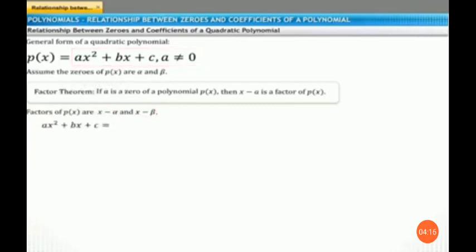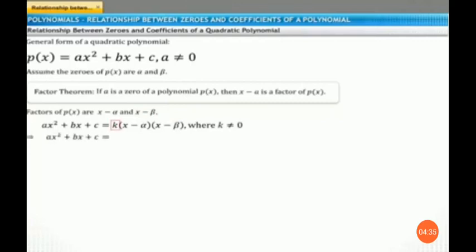And our p of x is ax square plus bx plus c. So we can say that ax square plus bx plus c is equal to k times x minus alpha times x minus beta, where k is not equal to 0.